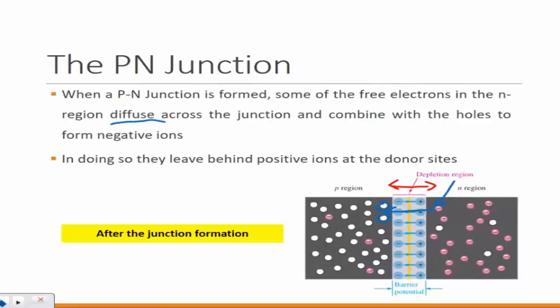So these electrons are diffusing, leaving behind, as you can see here, on the n region, a positively charged side, correct? Because as the electron moves, you already have by default a positively charged ion on the other side.